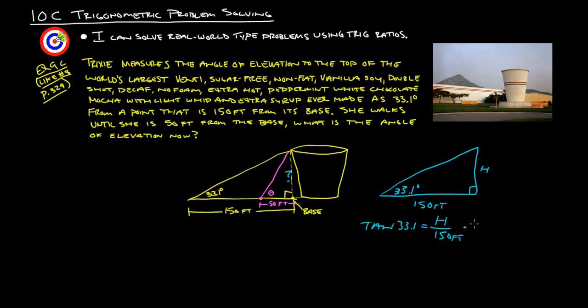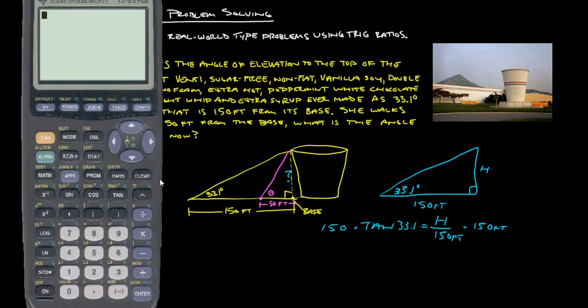Again, we want to get h by itself, so we multiply both sides by 150 feet. Then we bring our calculator back up, and we do 150 tangent 33.1, and we get 97.78. So let's go 97.8 feet.